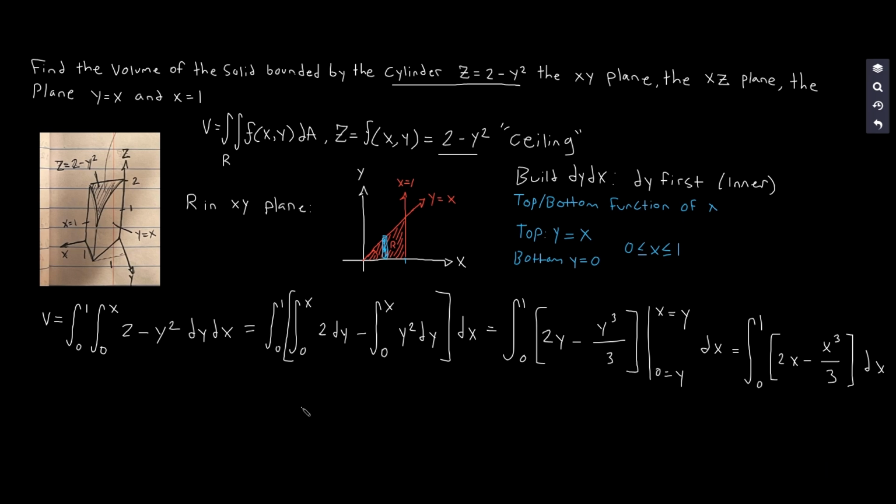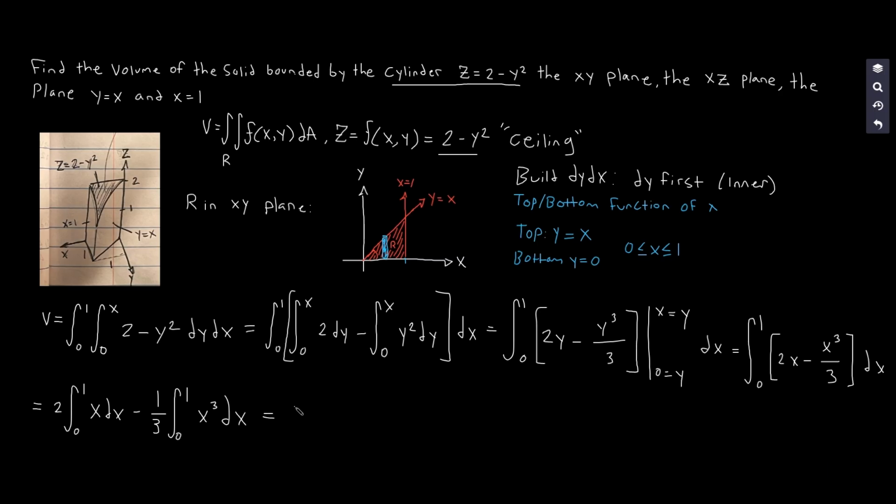Now it's a linearity rule. So it's 2 times the integral from 0 to 1 of x with respect to x, minus another factorization here, 1/3 gets taken out, or constant multiple rule, whatever you'd like, times the integral from 0 to 1 of x raised to the third with respect to x.